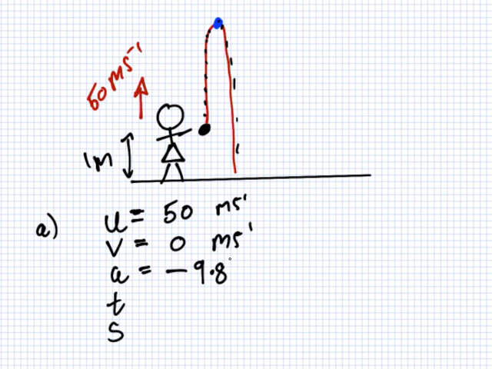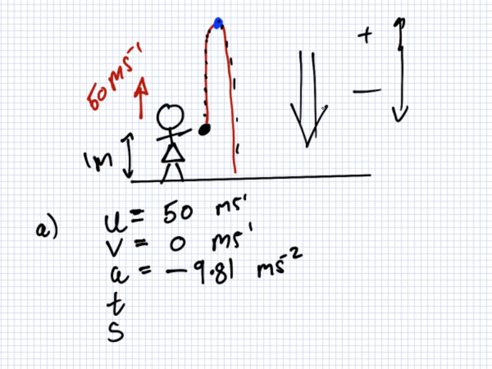You must have the minus, because we say down is minus, up is plus, and it's the acceleration towards the earth. That's important. The t we don't know, and the s is what we really want to know. Okay, calculate the maximum height.